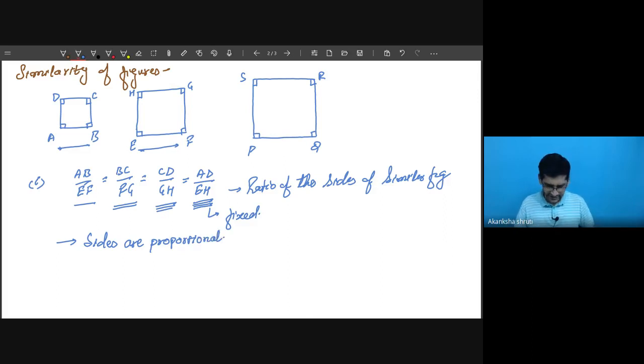And the very first that we had written, or we have understood, was that their angles must be the same. So angle, or better to use the respective angles, must be the same.